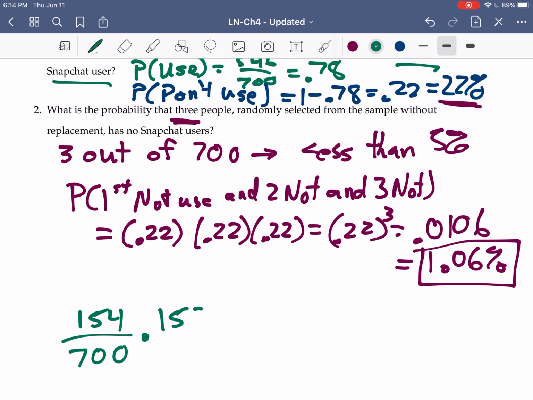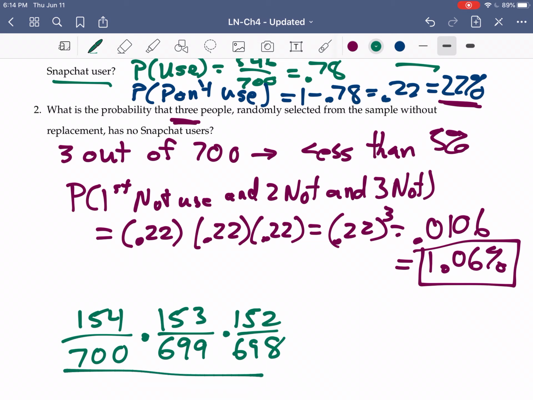So that would be 153 out of 699, because there's one less Snapchat user and one fewer user overall that we could choose. And then we would have 152 out of 698. So this is the actual calculation. This is the true value. But when we have cumbersome calculations, that value works.